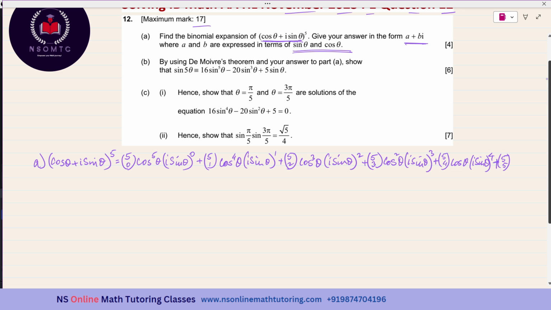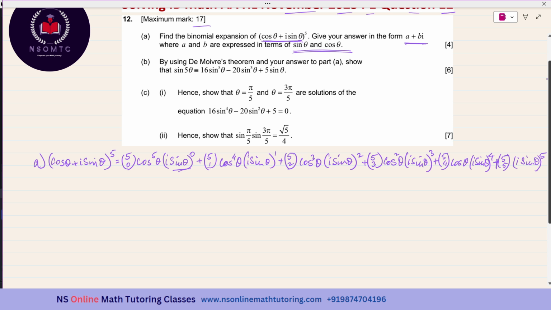You can write cos to the power of 0 theta, I am not writing it, though I have written it over here. Let me just skip that part and I am just writing i sin theta to the power of 5. Okay, so this is the expansion, and of course now I have to simplify.